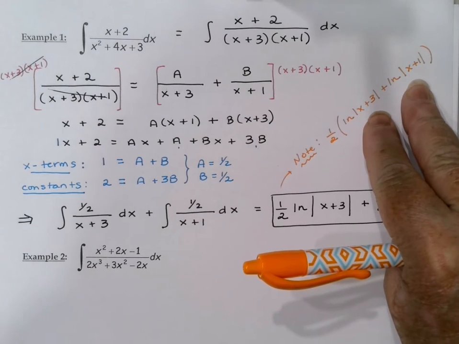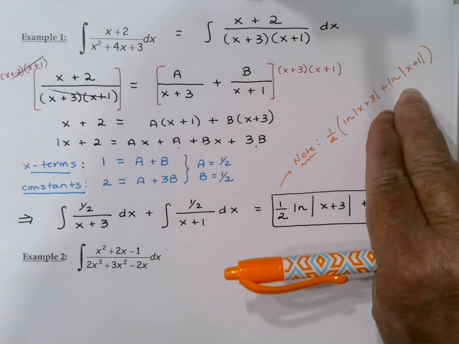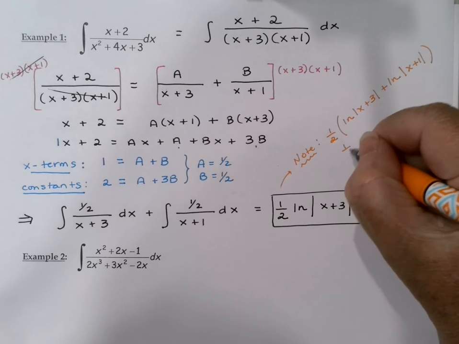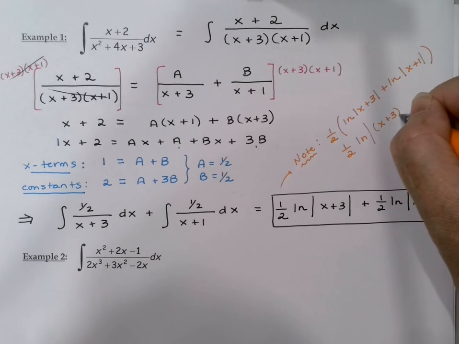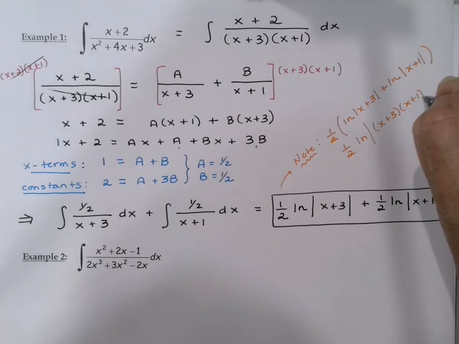And then this, as the sum of logs, I could put that together using the product property. The natural log of x plus 3 times x plus 1.